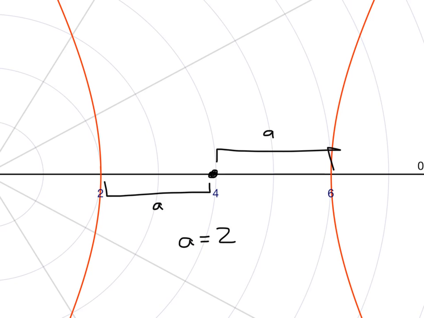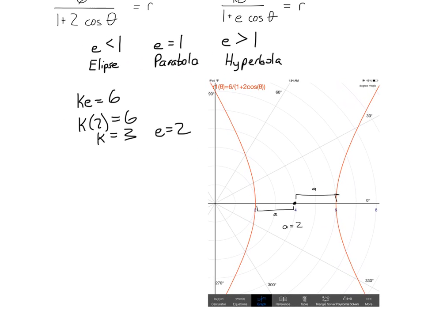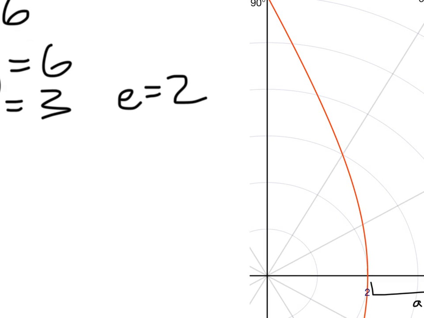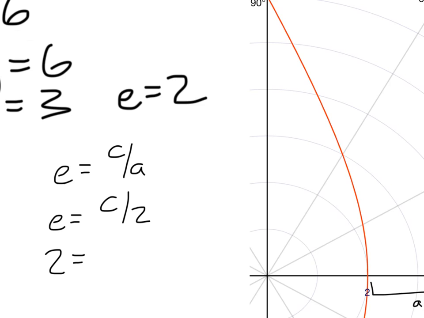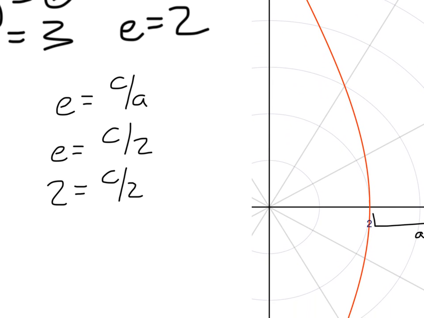So when we zoom out again, if a equals 2, and e equals c over a, it means e equals c over 2, and e equals 2, so we have 2 equals c over 2, and we have 4 equals c.